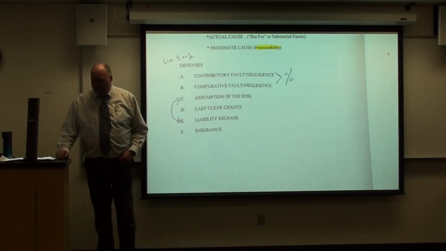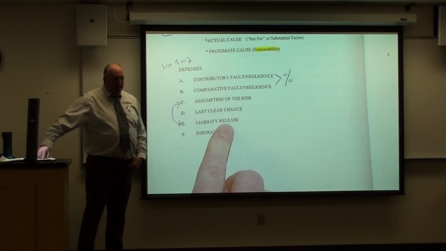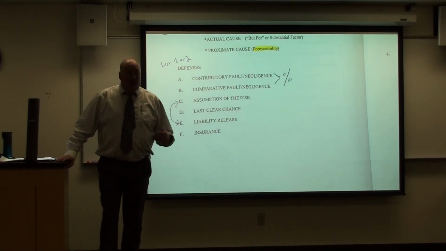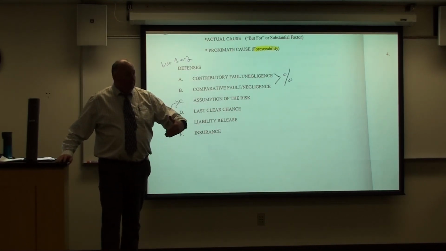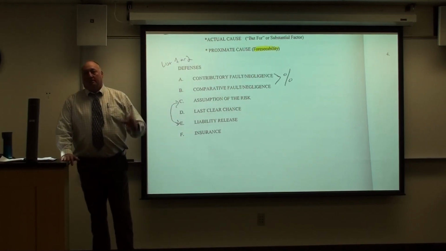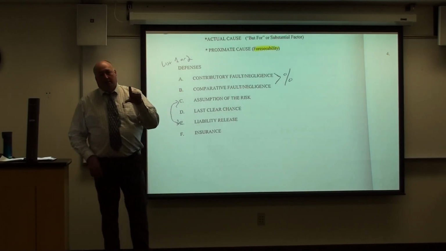Right, exactly. All right, now, along with that is letter E, liability release. This is contractual, where you agree that if you get hurt, you will not sue. If you ever buy a lift ticket, on the back of the lift ticket, all that little fine print, right?